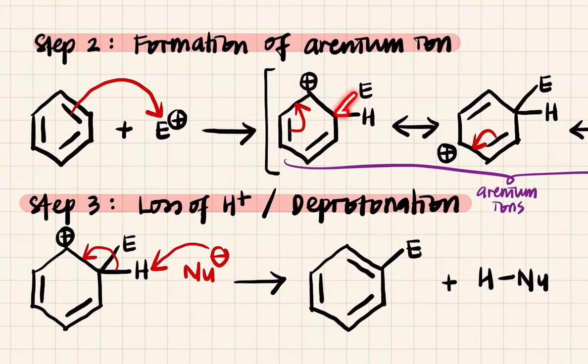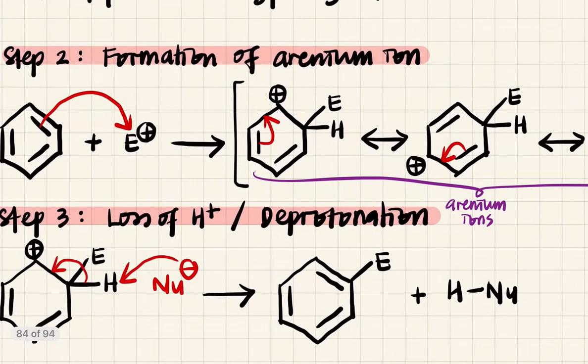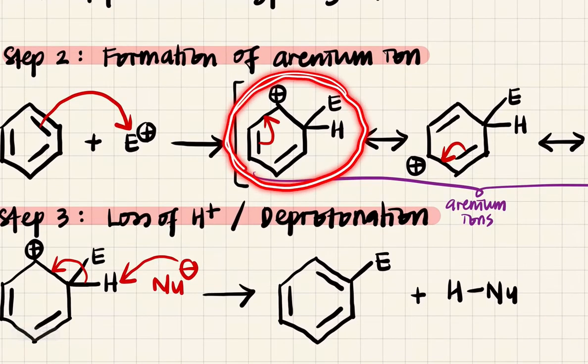And then awak punya electrophile kat sini. So electrophile ni dengan hydrogen ni tak berubah sepanjang step 2 ni. So sekarang kita akan tunjuk resonance structures of your uranium ion. This ion here is called uranium ion.